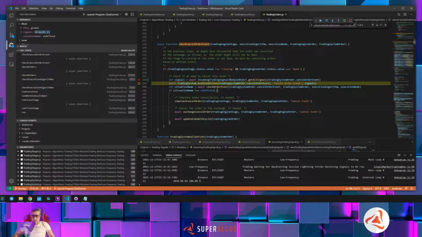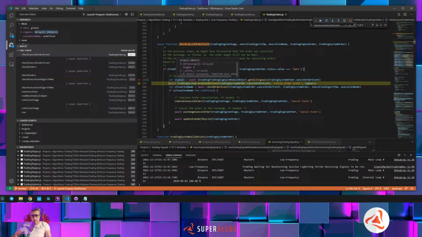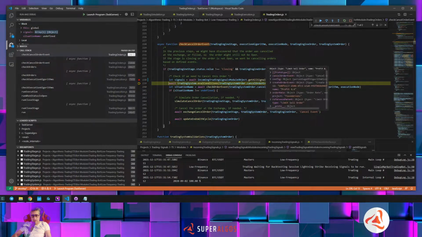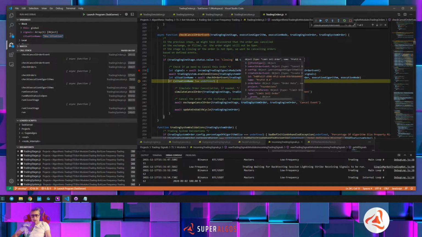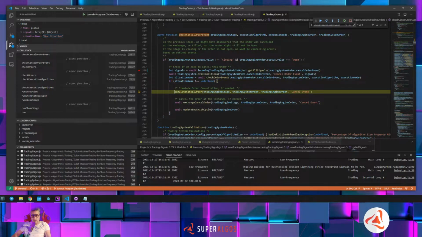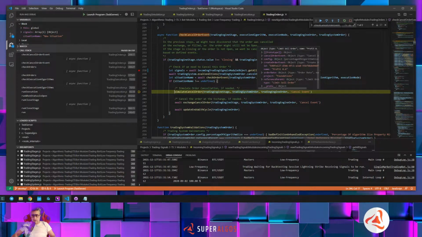There is none because it cancels the order every 2 candles. So maybe the next one we get a signal. Yep, we get the signal. So here, yes, and it's going to cancel the signal.